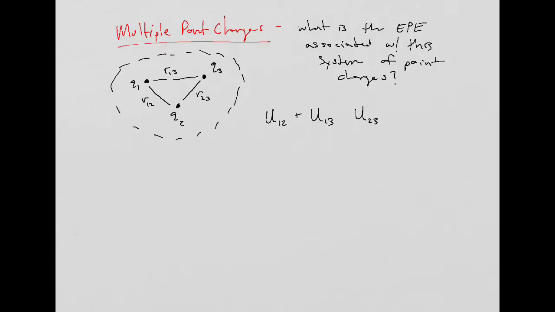And if you add those three up, you will get the total electric potential energy of the system. Okay? So you have to add up every pair of charges. So just to be complete here, we have kQ1Q2 all over R12 plus kQ1Q3 over R13 plus kQ2Q3 all over R23.